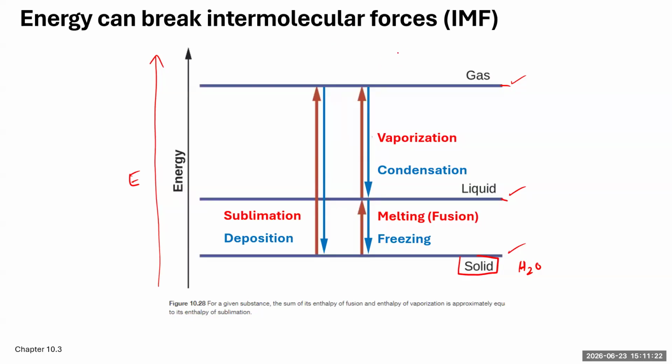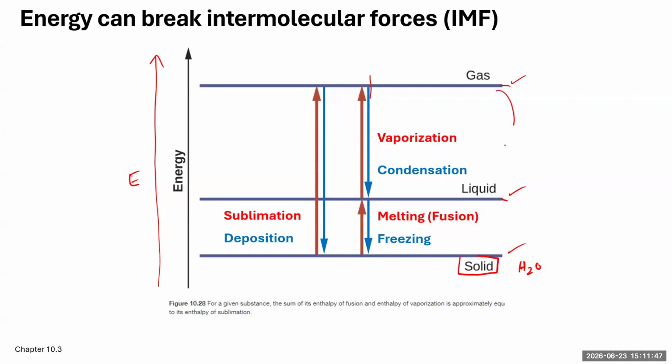Now let's say we trap all the gas in a pot with a lid, maybe sealed somehow, and put it into the freezer. As the temperature goes down, the energy is transferred away from the water and it starts to condense into a liquid.